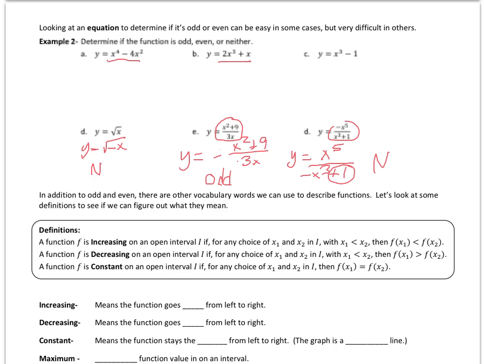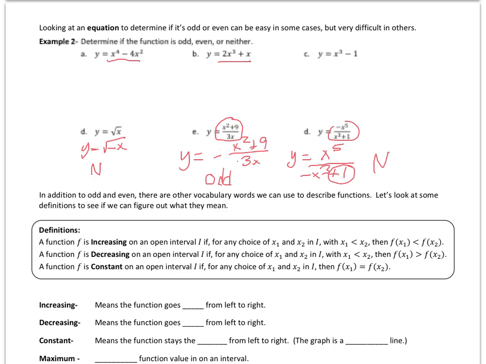All right. So let's talk about increasing and decreasing functions now. A function is increasing if, for any choice of x1 and x2 in the interval, oh my gosh, I don't even know what that means. No, I'm kidding.